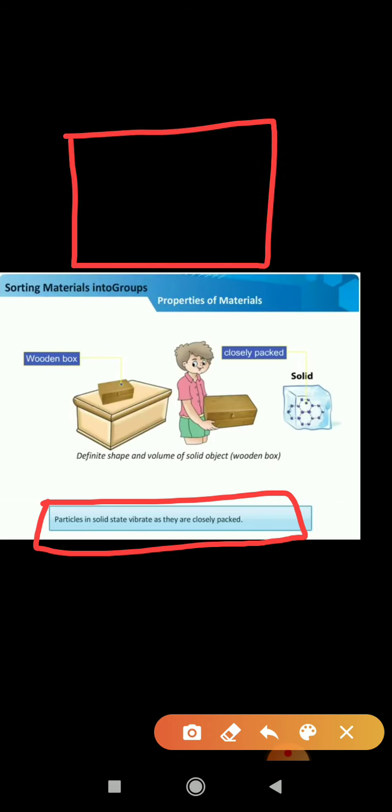Particles in the solid state vibrate as they are closely packed. In the last part, I already discussed that solid particles are arranged in a very close manner.